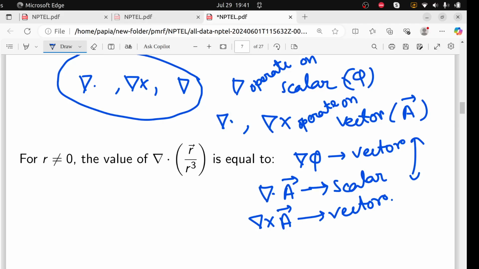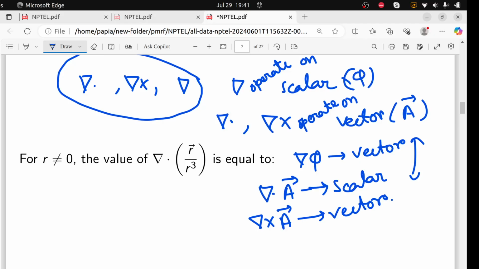If you know about grad, divergence and curl, then you can easily connect these things, but whoever does not know, it will be problematic for them. So gradient always operates on a scalar and gives a vector result. Divergence operates on a vector and gives a scalar result. Curl operates on a vector and gives a vector result.